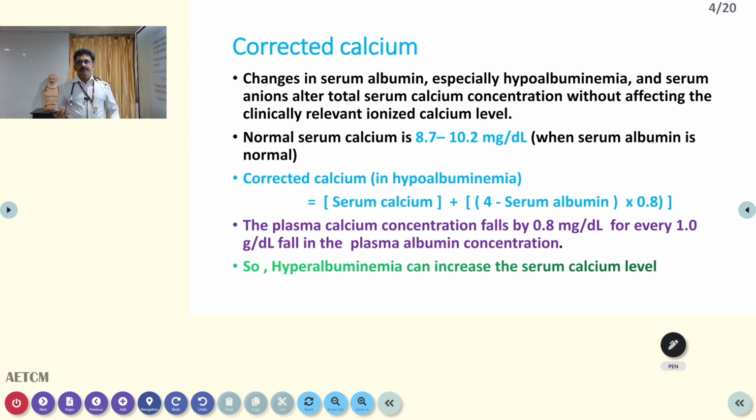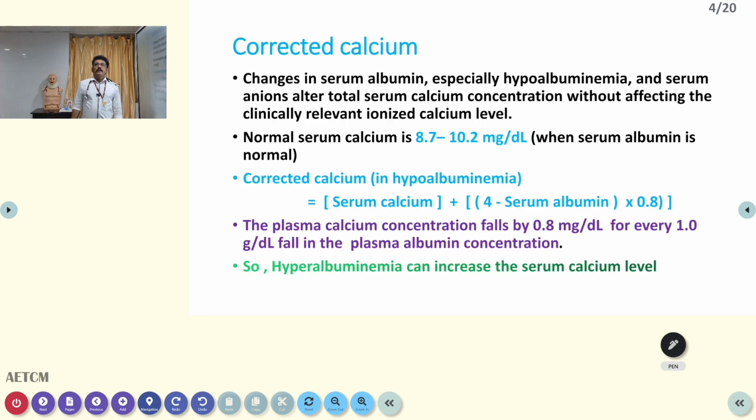The formula is serum calcium, the amount we get in the lab investigation, plus 4 minus serum albumin, multiplied by 0.8. That gives you the corrected calcium level. This is especially important in patients with hypocalcemia rather than hypercalcemia. But when we are dealing with calcium, we should know all these things.